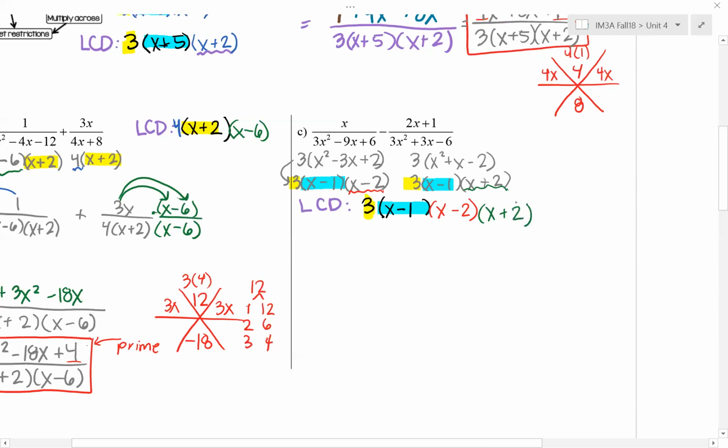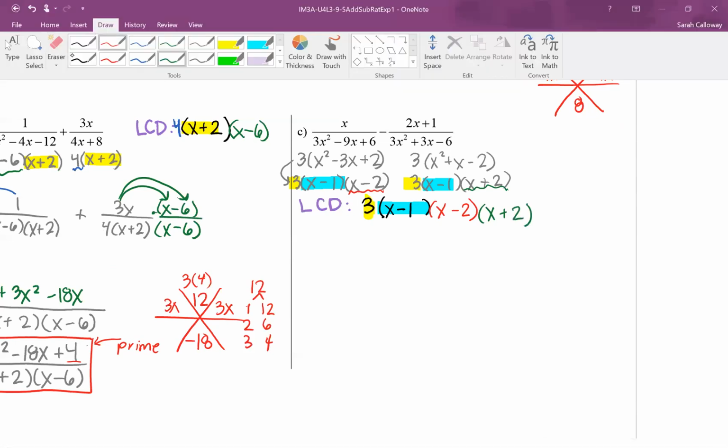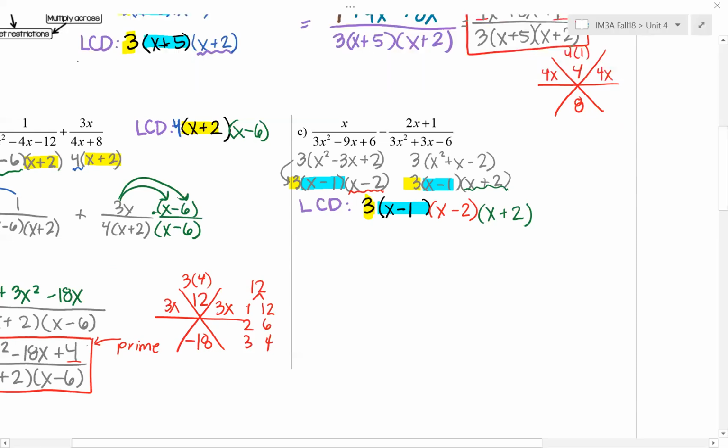So now looking at this, we have a 4-part common denominator as opposed to the 3 that we've seen in these past ones. So let's rewrite our expression with our factored denominators and leave ourselves some room on the left and on the right to create that common one. So the first fraction was x over, our factored denominator was 3 times x minus 1 times x minus 2.